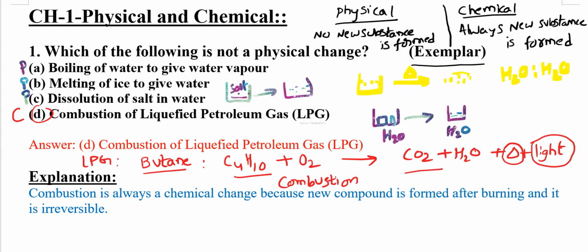That is called combustion. When you see combustion reactions and want to balance them, balance carbon first, next hydrogen, last oxygen. Carbon on the left side is 4, so the right side also has to be 4, so keep 4. Hydrogens are 10, so here only 2, so keep it 5. 5 twos are 10. Oxygens are 2 on the left side; on the right side, 4 twos are 8. 8 plus 5, 13.